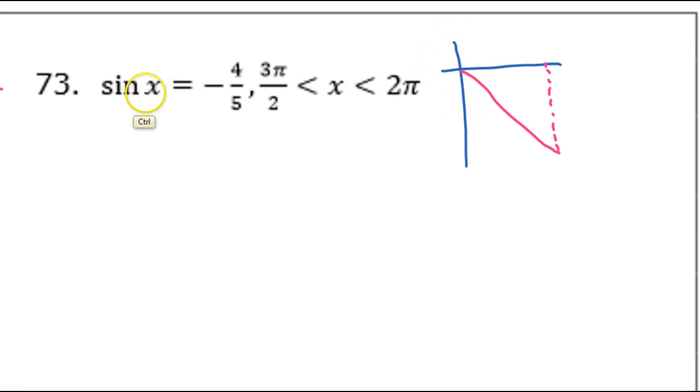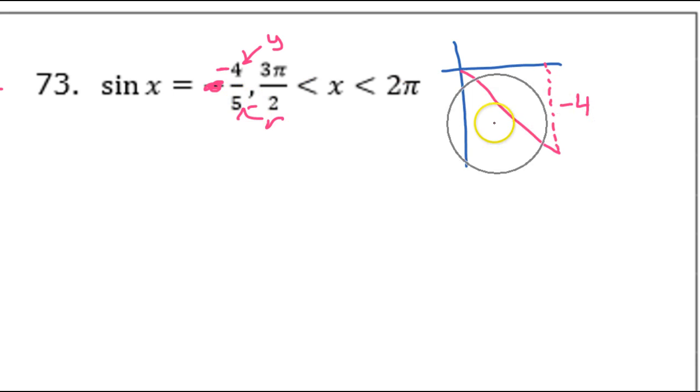So sine is y over r. So I'm looking at this, I'm thinking y, and I'm thinking r. The negative sign goes with the 4, because r has to stay positive. So that's why this y value is negative 4, and this r value is 5.